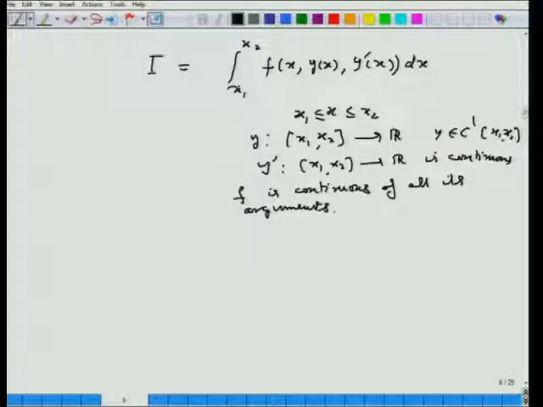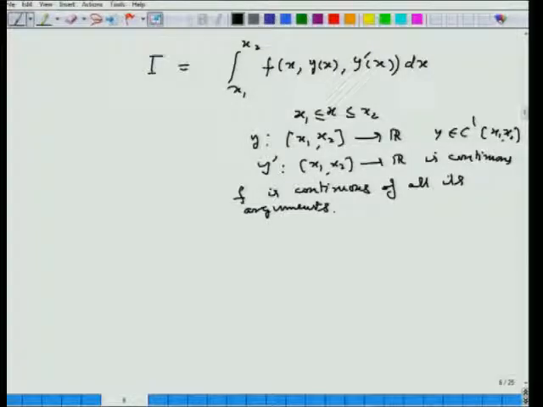So these are the terms we use: the extremal for which I has the extremal value. Such functions y are from the admissible class, here the C1 class of functions from x1 to x2 into R.